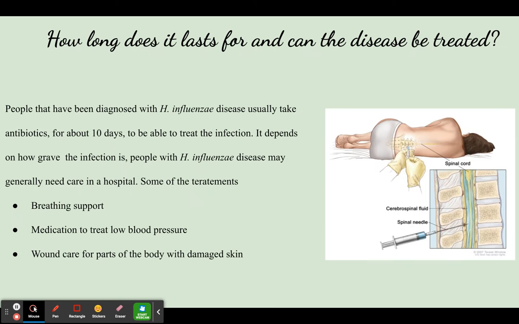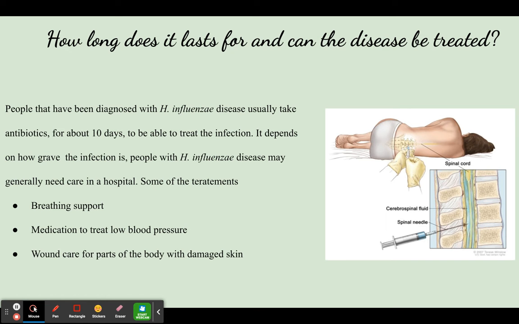How long does it last, and can the disease be treated? The disease can be treated. People who have been diagnosed with H. influenzae disease usually take antibiotics for about 10 days to treat the infection. It depends on how grave the infection is. People with H. influenzae disease may generally need care in the hospital.